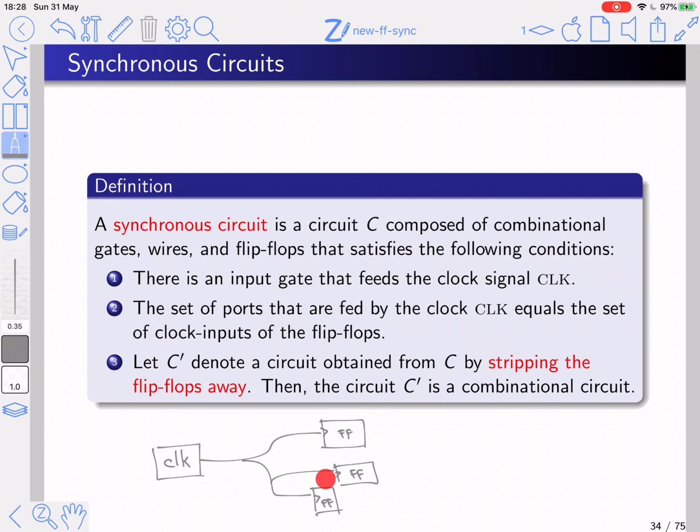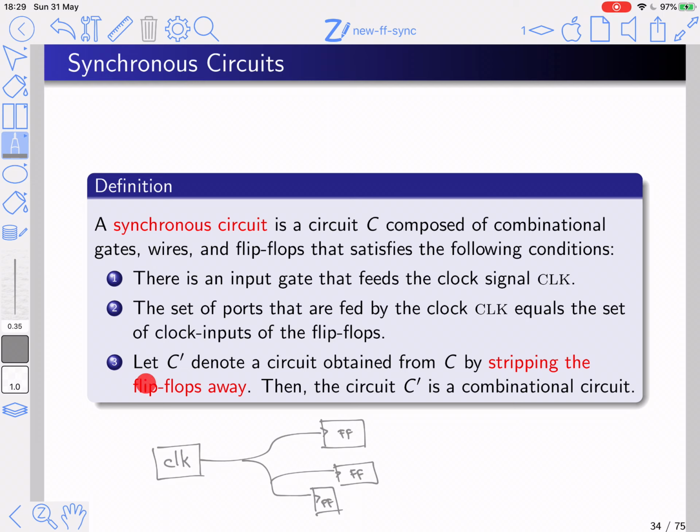This is what you do with your clock network. This thing and only this thing. You do not feed the clock signal to any AND gate, OR gate, XOR gate, etc. You feed it only to the clock inputs of the flip-flops, and every clock input of a flip-flop is fed by your clock network. Okay, so these are the first 2 points.